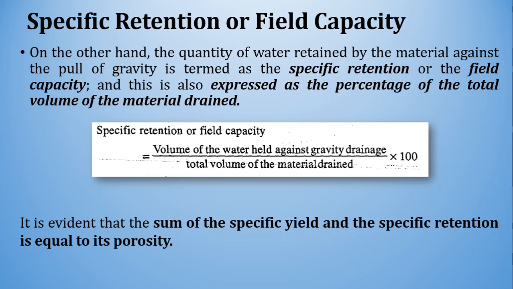So specific retention or field capacity is equal to the volume of water held against gravity drainage divided by the total volume of the material drained, multiplied by 100. It is evident that the sum of the specific yield and the specific retention is equal to its porosity.